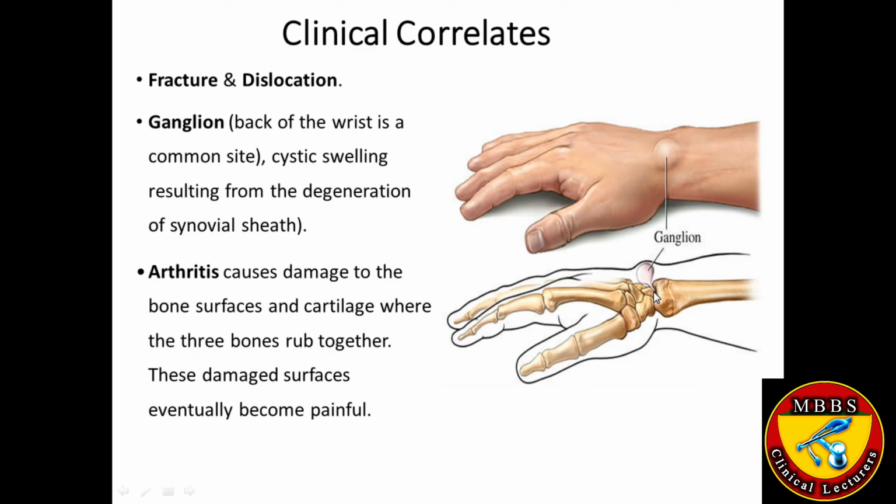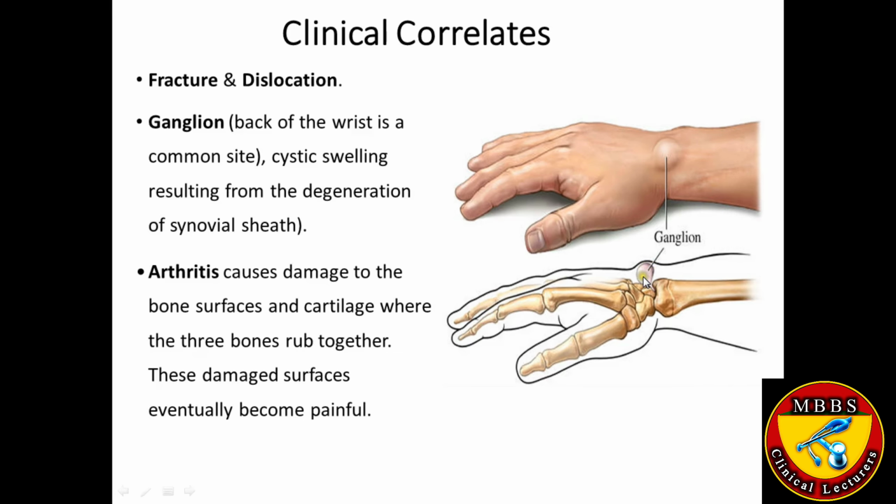When degenerative changes occur in the synovial sheath, the synovial fluid oozes out, and they form a small swelling over here on the back of the wrist, and that small swelling, filled with the semi-solid synovial fluid, we call the ganglion.